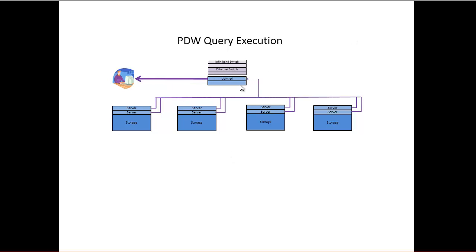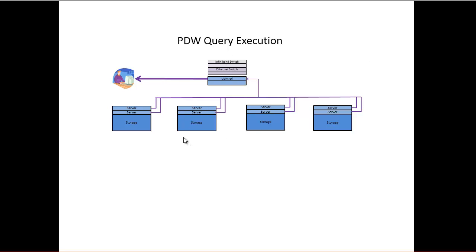The control node then, in this case, only has to aggregate 4 result sets, assuming this is an aggregation, which is typical for data warehouse type workloads. It only has to combine those 4 result sets and then deliver the final result back to the requester, to the user.